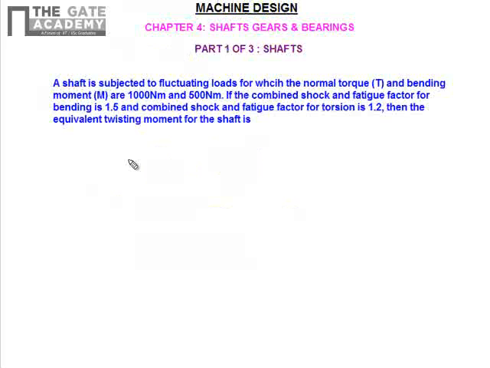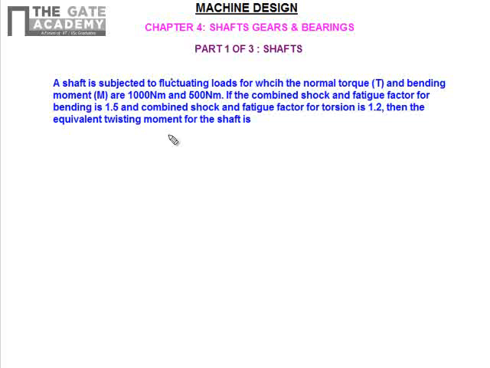We'll take another problem. A shaft is subjected to fluctuating loads for which the normal torque T and the bending moment M are 1000 Newton meter and 500 Newton meter respectively. If the combined shock and fatigue factor for bending is 1.5 and the combined shock and fatigue factor for torsion is 1.2, then find the equivalent twisting moment of the shaft.